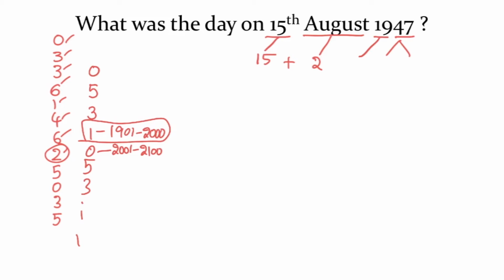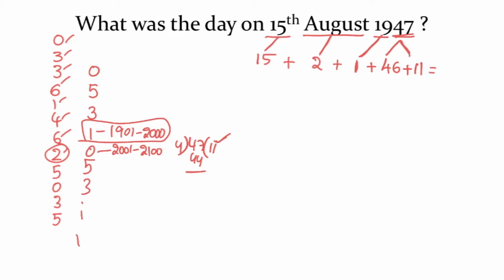So as 19 centuries completed, there is 1 odd day, plus 47 years completed, sorry, it is 47th year, so 46 years completed, plus as 47th year, 4 11s are 44, 11 leap years are already passed. So it is 15th day 15, August code is 2, century code is 1, 46 years completed, 11 leap years completed.